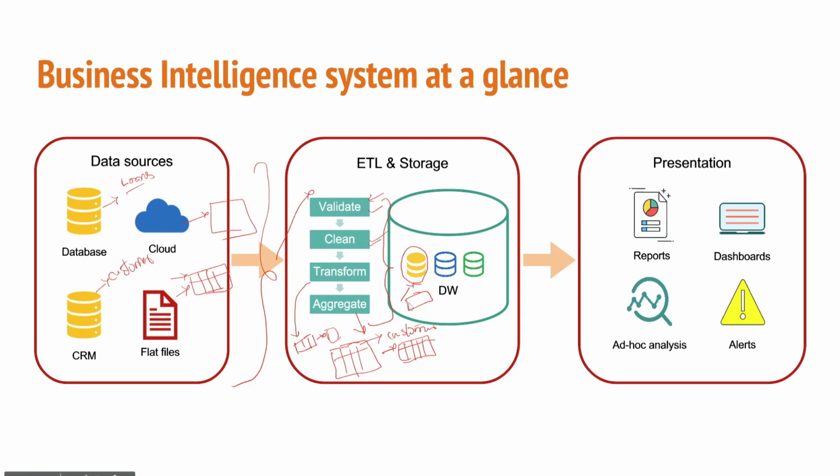Then we can transform the data and load it into this target database. Maybe we might be loading this data into a dimensional model which contains fact and dimensions. We are transforming our input data into a predefined schema.